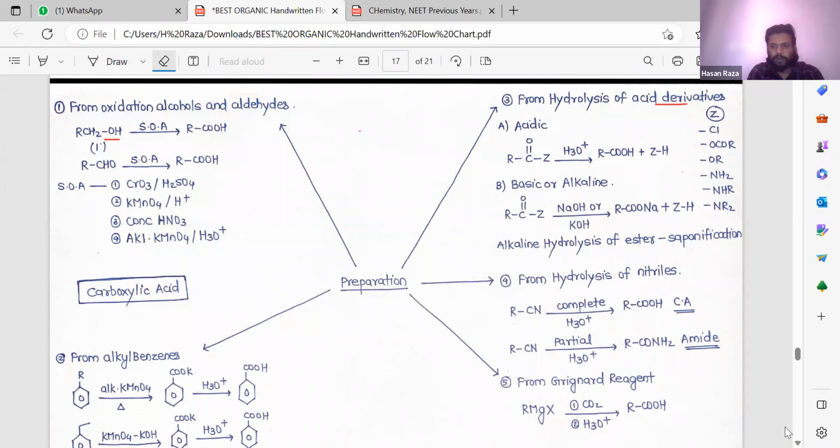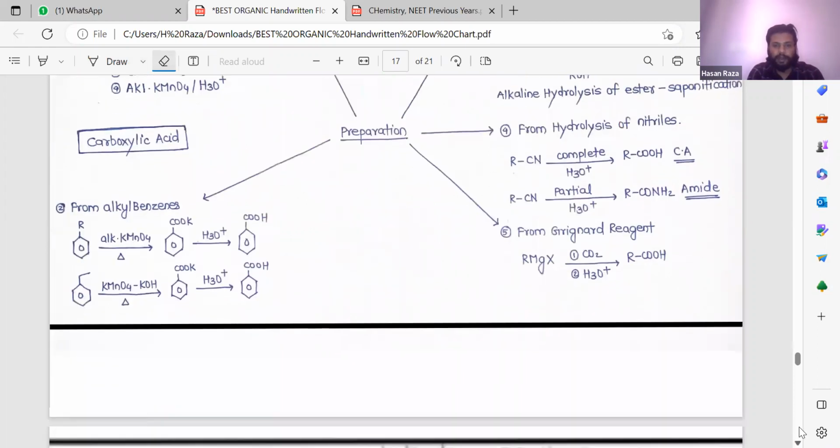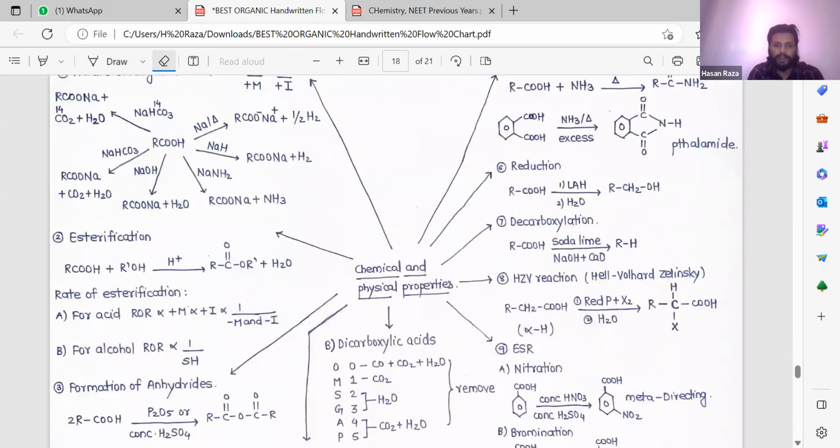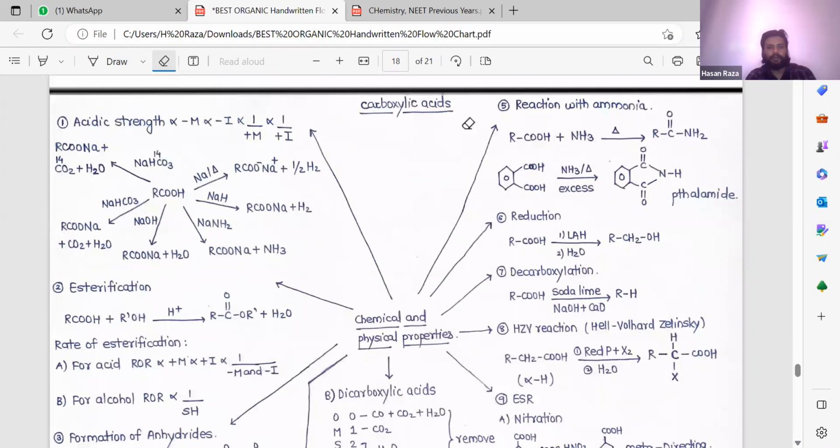So there is the whole property, basically preparation, and then comes your properties on the next page, like this. Acidic strength: RCOOH, if you are going to react with metal, you know that it will give you salt plus hydrogen gas.